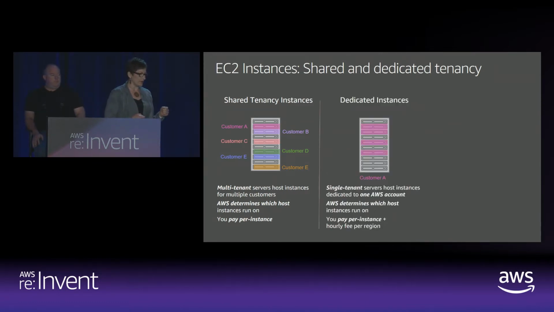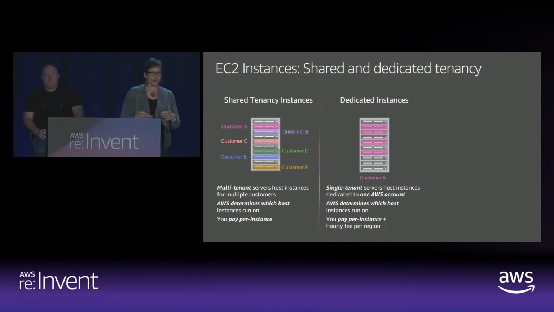A dedicated instance runs on a single-tenant server. This server hosts only instances belonging to one AWS account. With dedicated instances, AWS manages which host your instance will be launched on. That means when you stop a dedicated instance and then restart it, your instance can restart on a different host.